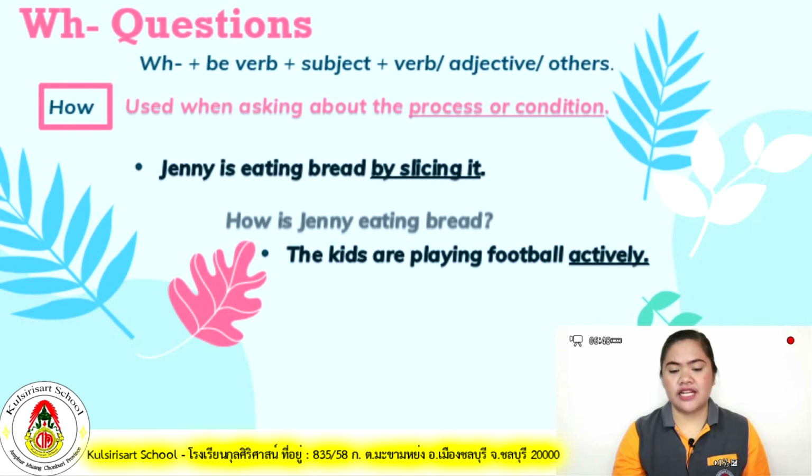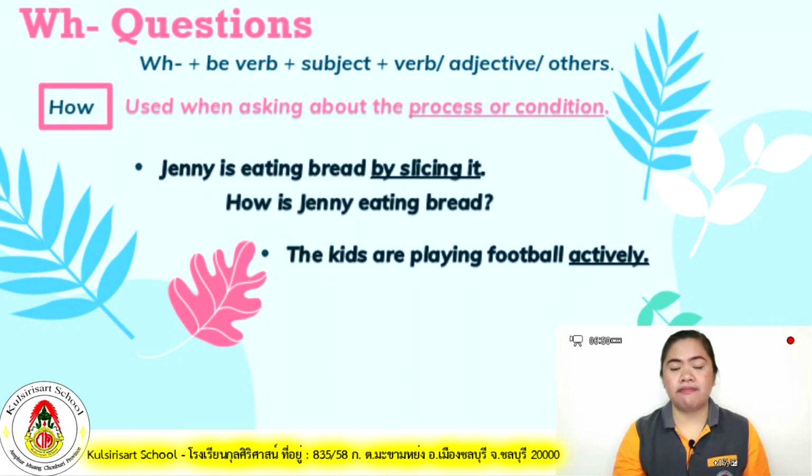So in sentence number 1, it will become, how is Jenny eating bread? The answer for that is, Jenny is eating bread by slicing it. The answer is by slicing it.